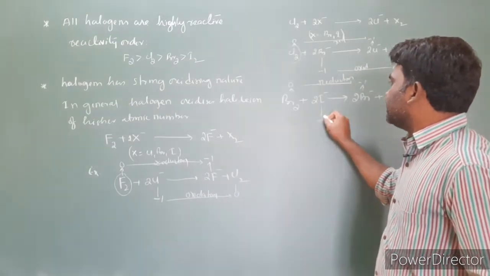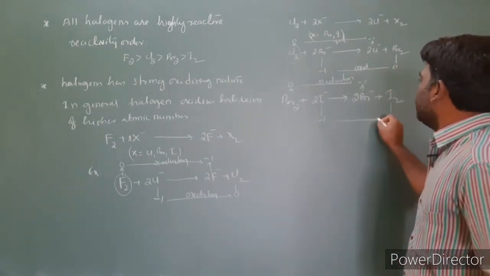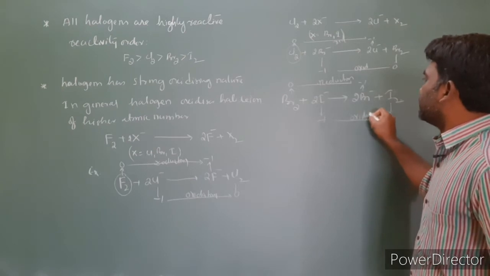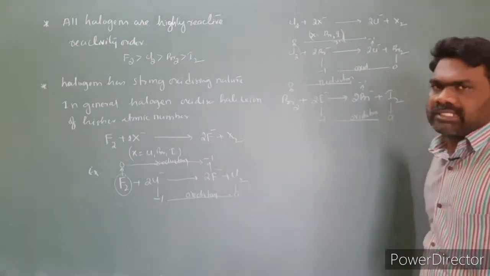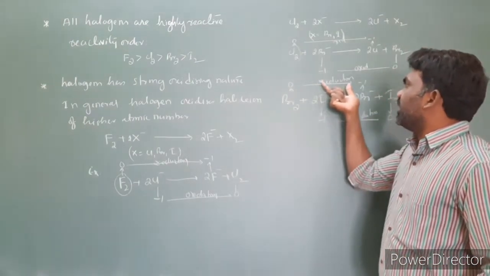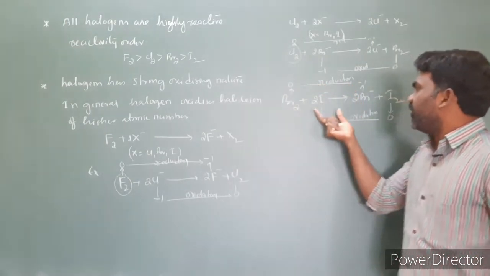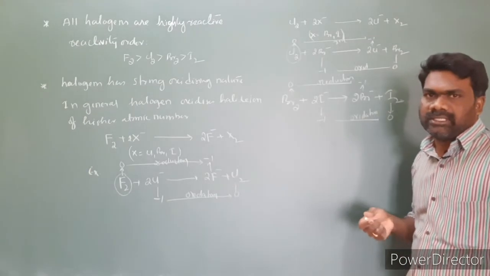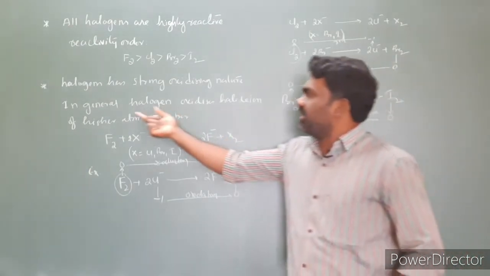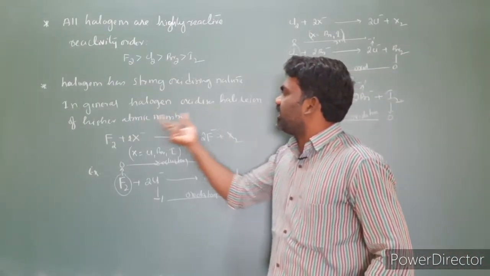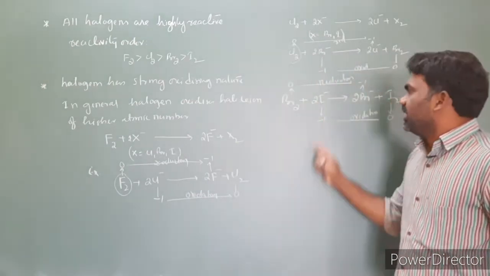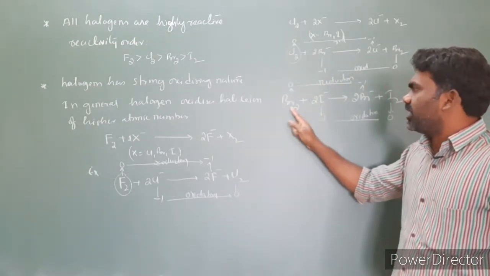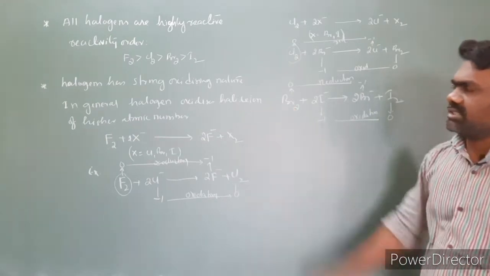Iodine is minus 1 here and 0 in the elemental state, so minus 1 to 0 is oxidation. Bromine itself undergoes reduction, making iodide ion I- oxidize, so bromine is an oxidizing agent. In general, a halogen oxidizes a halide ion of higher atomic number. Here iodine has a higher atomic number than bromine. So that is the general statement.